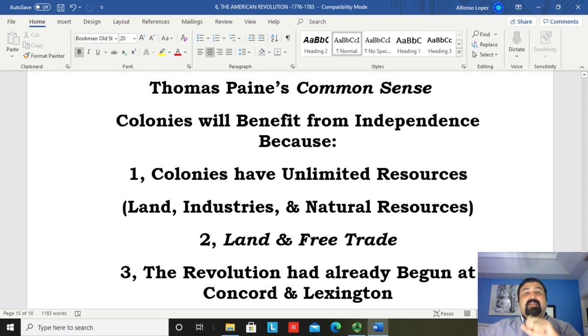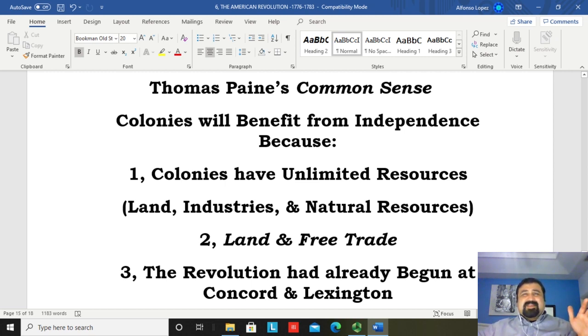The colonies will benefit from independence because what he is saying here, in 60 pages, of course, is that the colonies are in North America and they're sitting in a land that is abundant with natural resources.